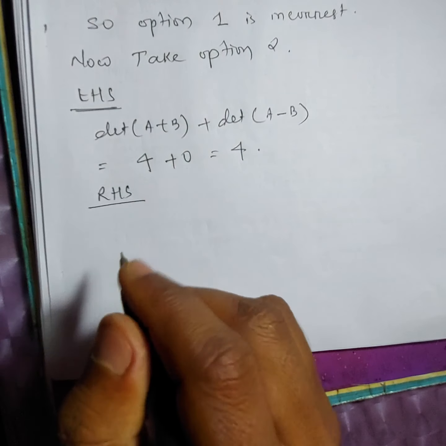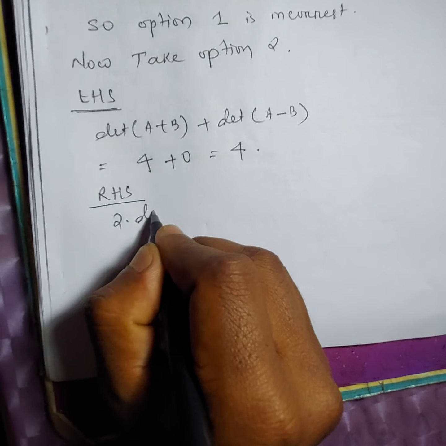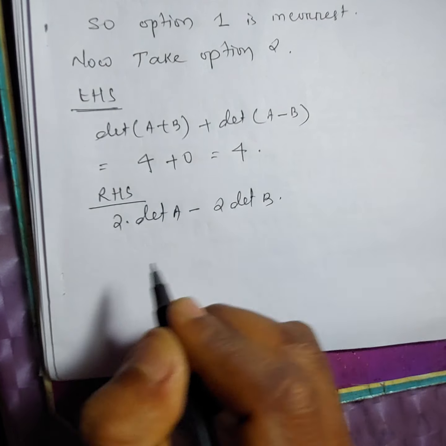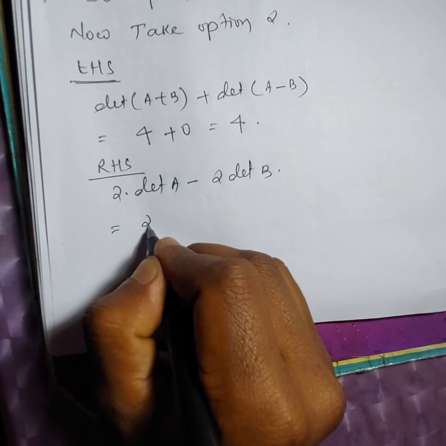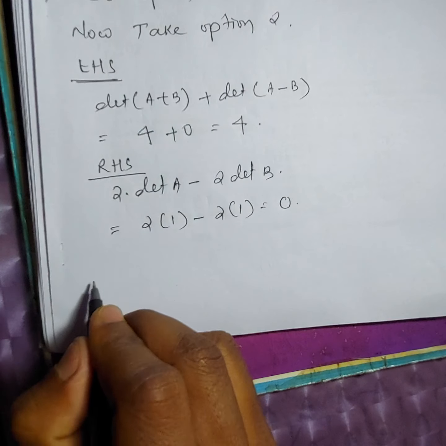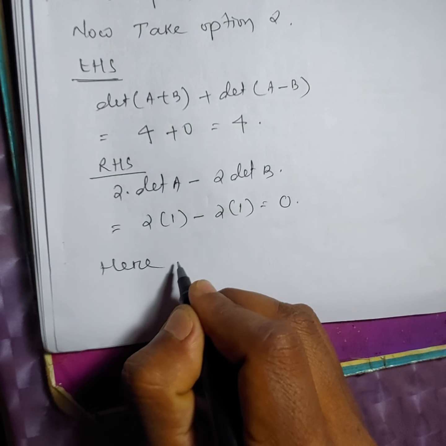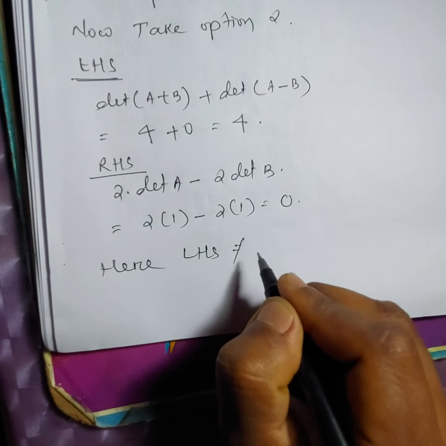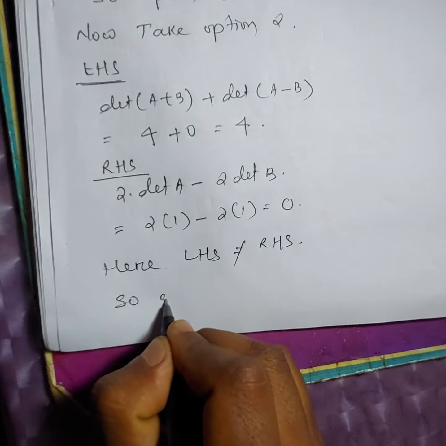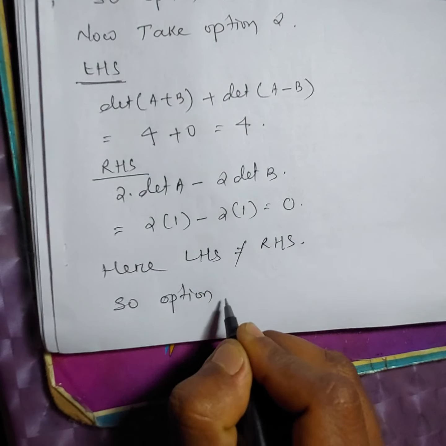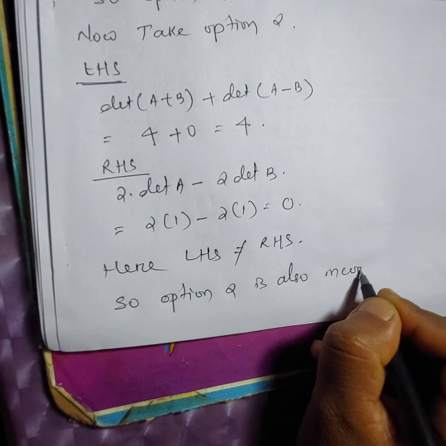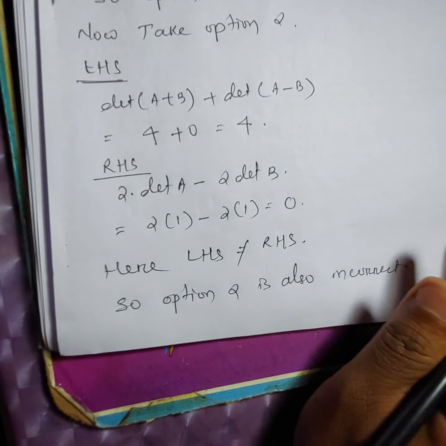RHS: 2 into determinant of A minus 2 into determinant of B, this is equal to 2 into 1 minus 2 into 1 is equal to 0. Here LHS not equal to RHS. So option 2 is also incorrect.